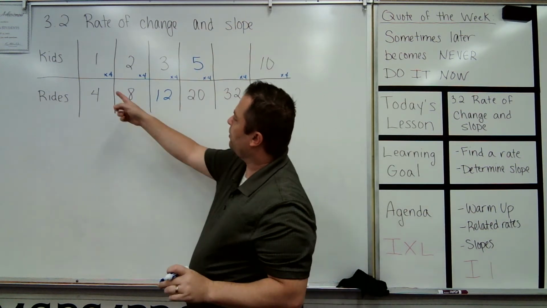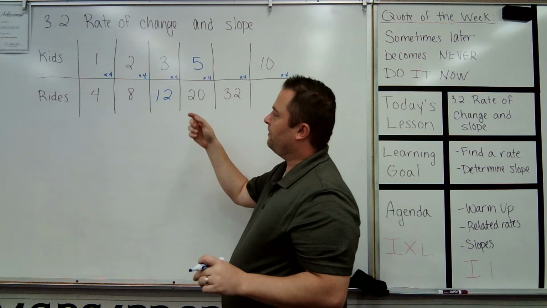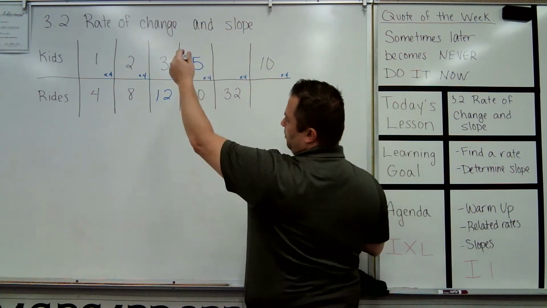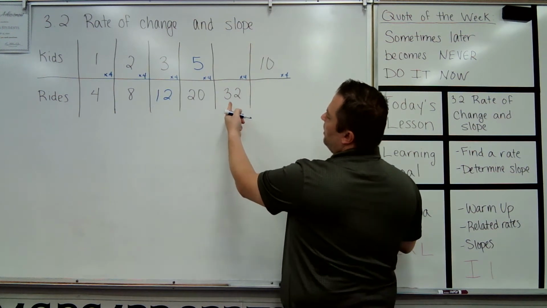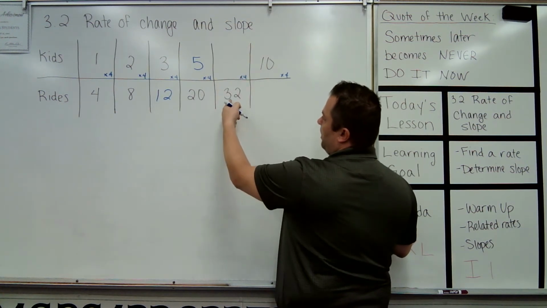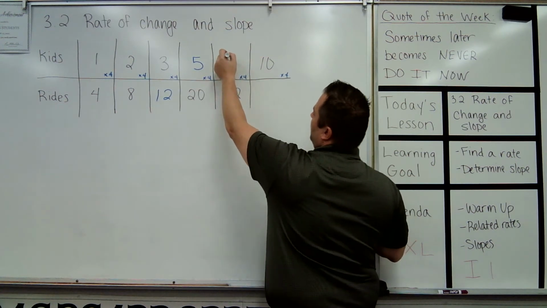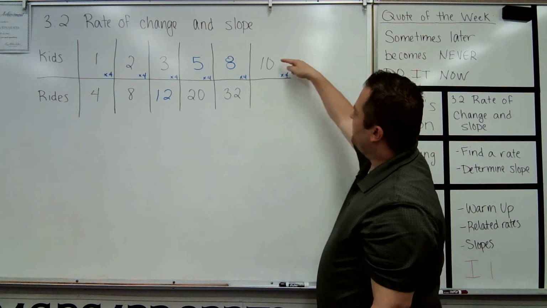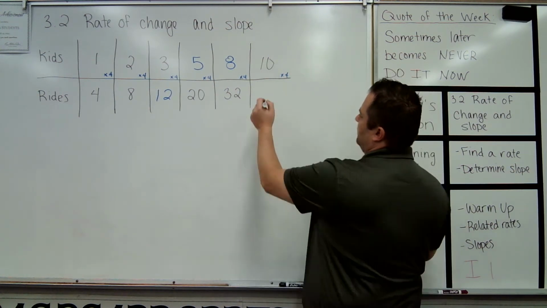So for those of you who are like, 1, 2, 3, this must be a 4, kids are not related. Don't get fooled. We're relating two separate things together. So some number times 4 is 32, or 32 divided by 4 is 8. And 10 times 4 is 40.